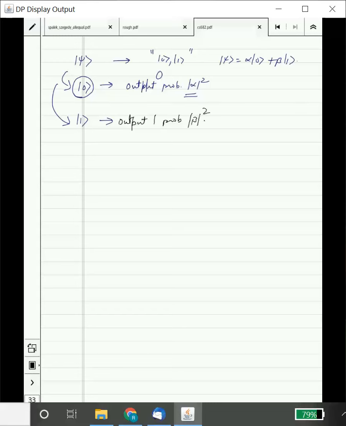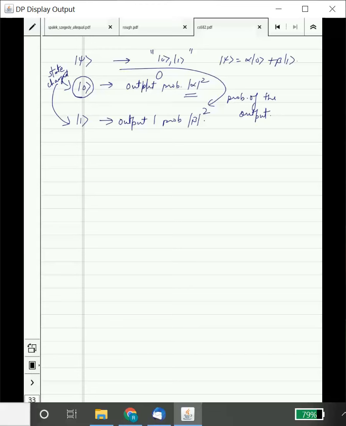Notice we described both how the state changed and the probability of the output. This gives us some intuition about how to describe projective measurements.